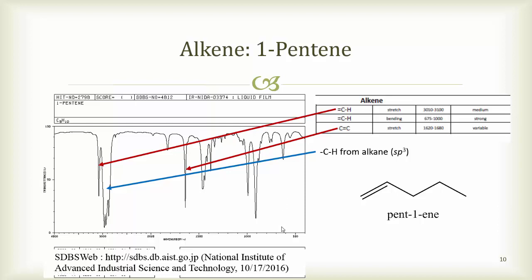And if it were a trans alkene, the region would be 960 to 980. If it were a trisubstituted alkene, you would see a peak in the 790 to 840 region. So there are oftentimes other peaks in these regions, and so that's not usually the best way to determine the substitution pattern of the alkene, but it may be somewhat helpful.